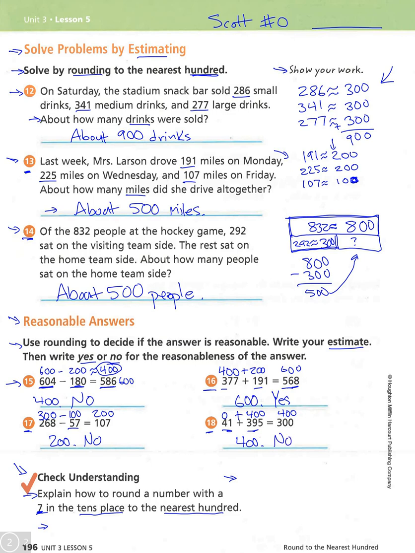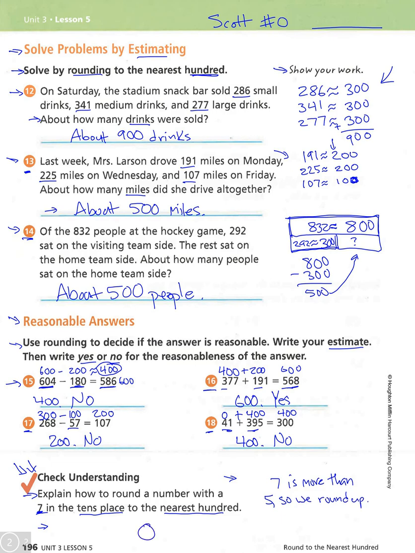All right, and then down here on the check for understanding, explain how to round a number with the 7 in the tens place to the nearest hundred. 7 is more than 5, so we round up. Really, right? Because we're comparing it to that middle 5.